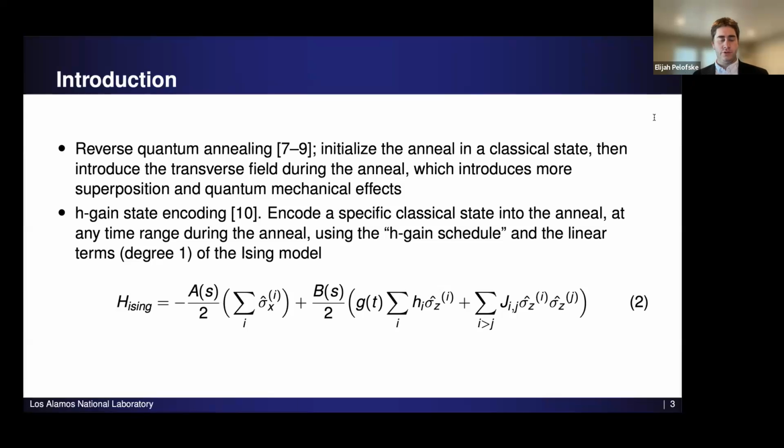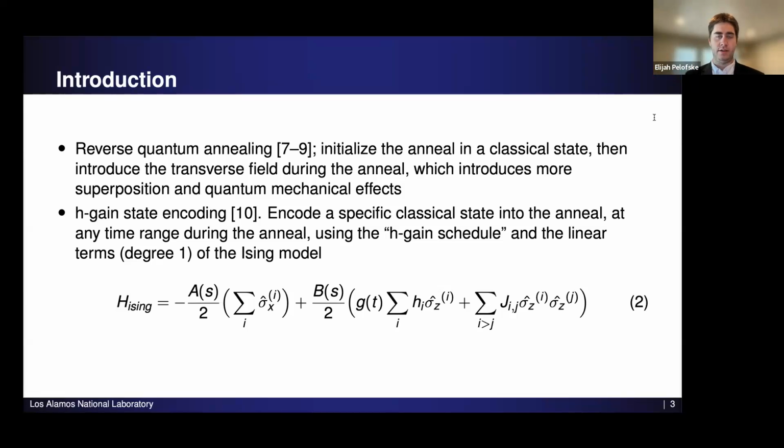And then you introduce the transverse field Hamiltonian during the anneal, which introduces more quantum fluctuations. The idea of introducing your transverse field Hamiltonian into the annealing process is that you will make use of quantum fluctuations like quantum tunneling in order to reach lower energy states.